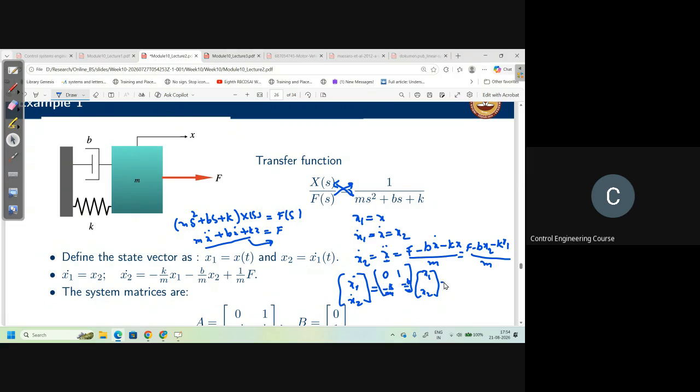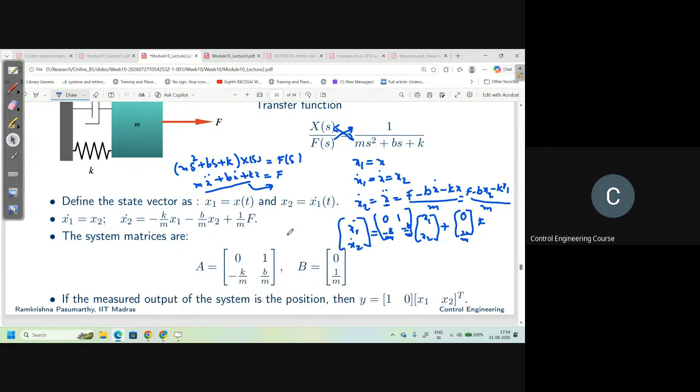Plus the input f, which appears only in the x2 dot term, that means 0 and 1 by m. So your A and B matrices are: A equals 0 1, minus k by m, minus b by m, and B equals 0, 1 by m.